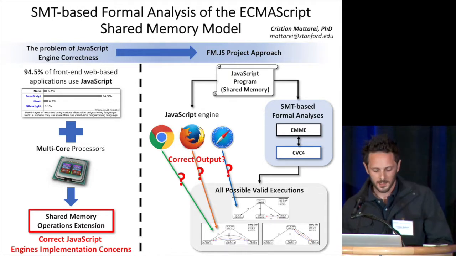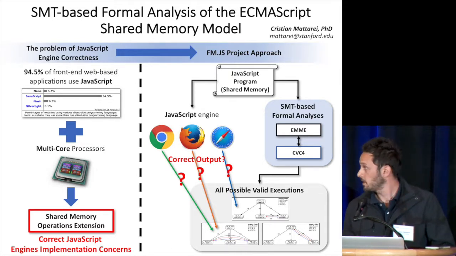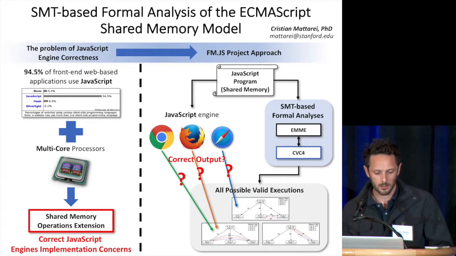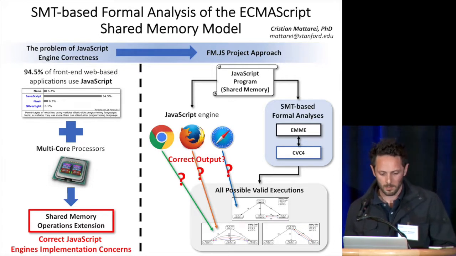Hello to everyone, I'm Christian Matauri, and the project that I'm going to present is oriented to solve a very practical problem. 94% of front-end web-based applications are based on JavaScript, and Technical Committee 39 is going to extend the language to provide better performance for multi-core processors. The point is that there are significant safety constraints on this extension.